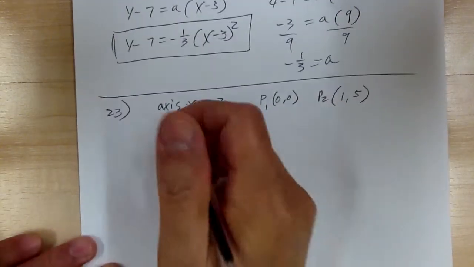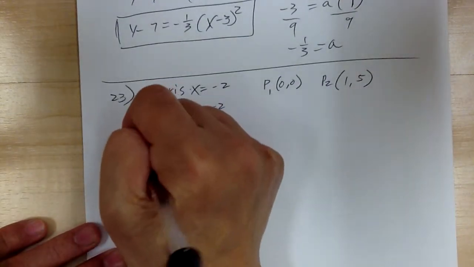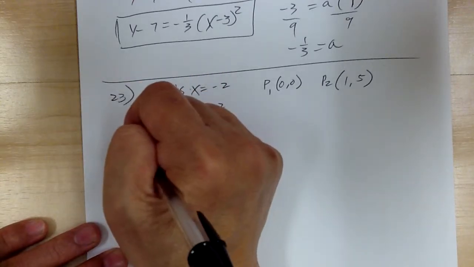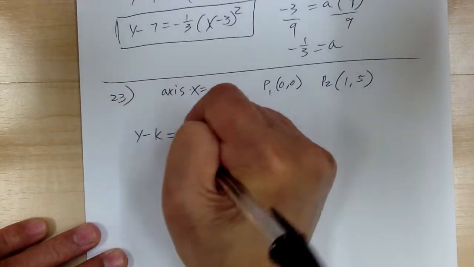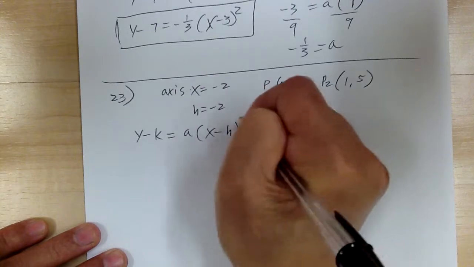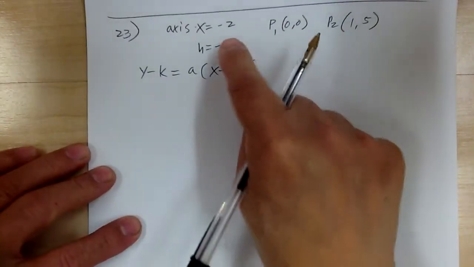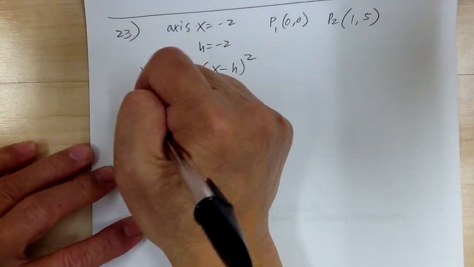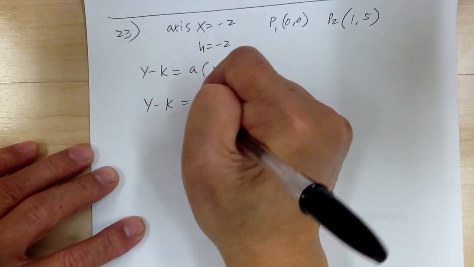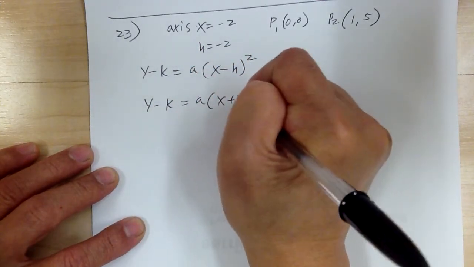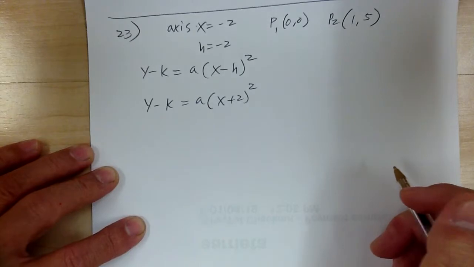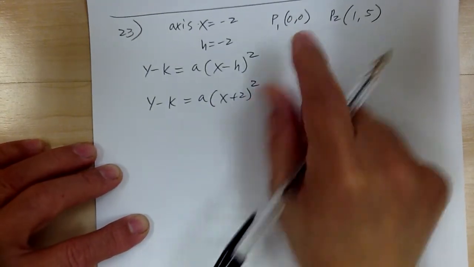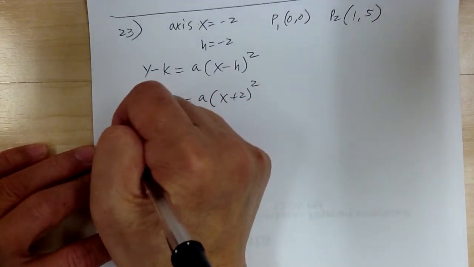Okay, so start with your template. So you have y minus k equals a times (x minus h) squared. So you apply the first condition into here. So you get y minus k equals a times (x plus 2) squared. Now I'm going to apply the points.